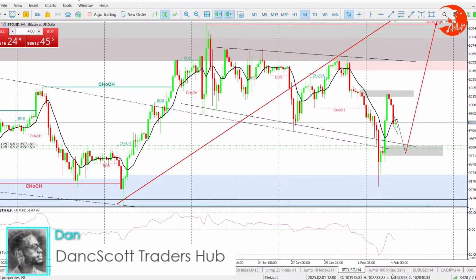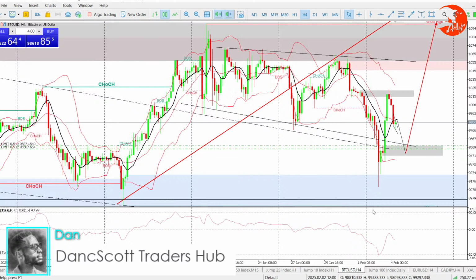Why would it be a retracement? If I add another confirmation of a Bollinger Band right about here, you can see that this has been just a retracement. It hasn't touched even the upper Bollinger Band ever since we touched this down, but we reached that level.